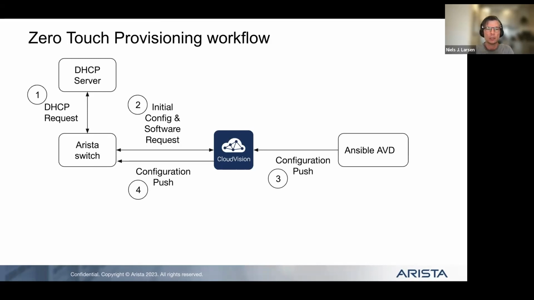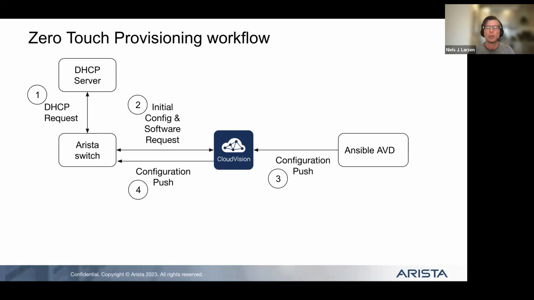After getting the DHCP address with a specific option that includes the URL of the CloudVision server, it will contact the CloudVision server, get its initial configuration if required, and upgrade the software image. CloudVision will then send that initial configuration and software back to the switch.